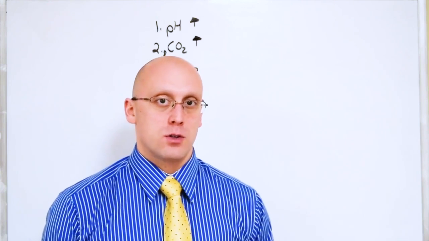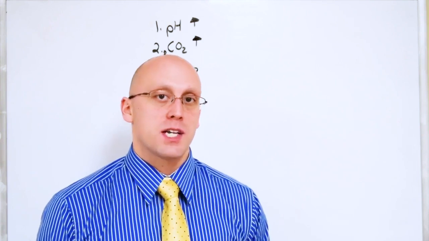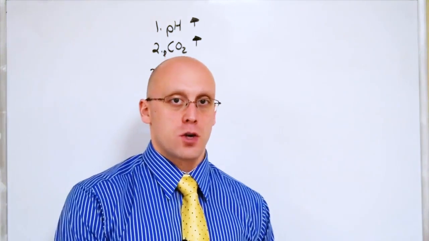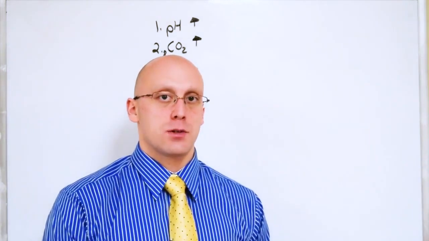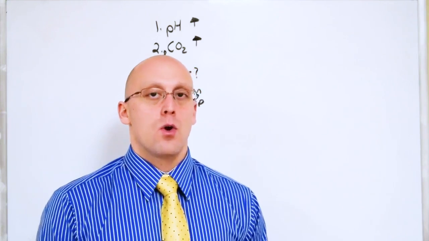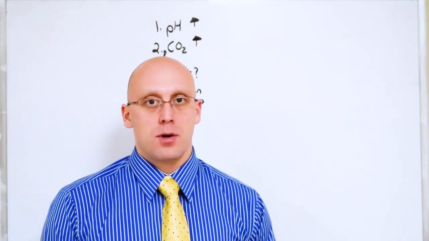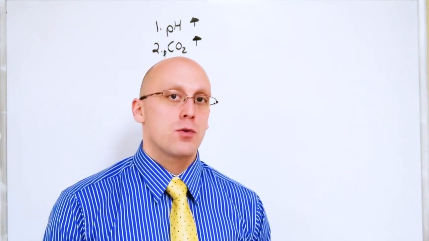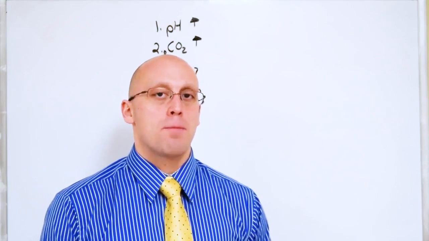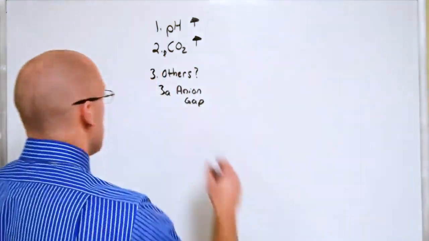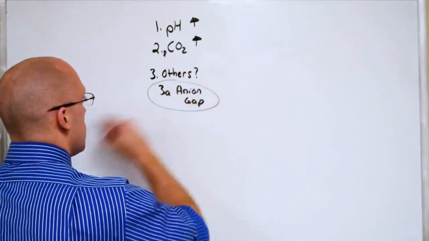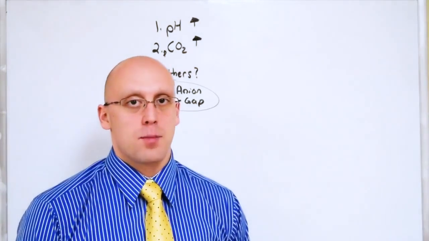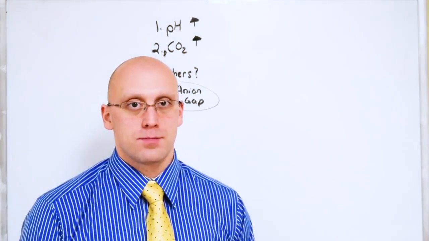If metabolic alkalosis comes up, it will either be on its own or it will be part of another disturbance, either respiratory acidosis with metabolic alkalosis or an anion gap metabolic acidosis with metabolic alkalosis. So if you found the primary disturbance to be metabolic alkalosis, the only thing you need to do is check that anion gap to make sure it's not elevated and you're missing that anion gap metabolic acidosis.